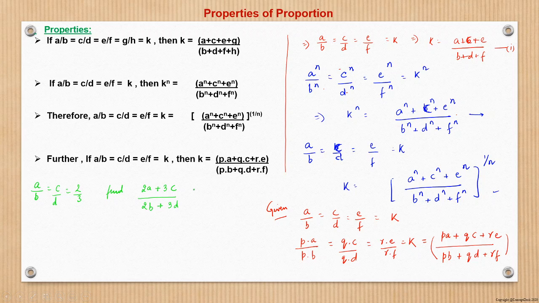What is the value? It is very simple. Now we can see that since a and b have the same coefficient 2, and c and d have the same coefficient 3, I can write that 2a plus 3c upon 2b plus 3d will be nothing but k only, that is 2 by 3 here.